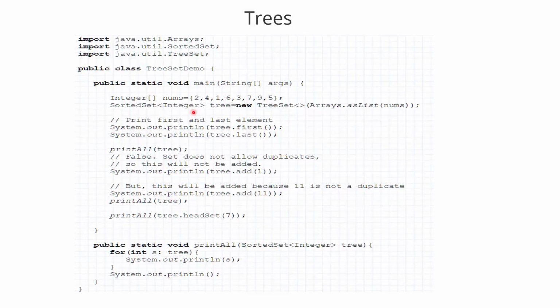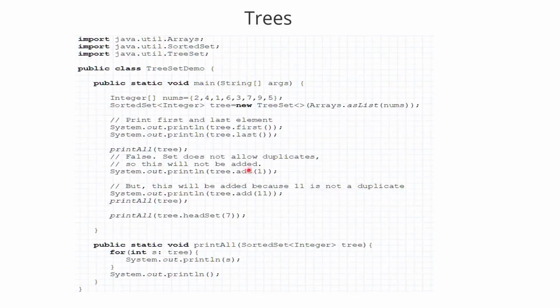And again, here is a Java class, which is a good example of how to work with trees. Here we're importing the java.util libraries for Arrays, SortedSet, and TreeSet. The class is called TreeSetDemo, and here is our main method. Here we're declaring an integer array called nums, and we're adding in our values, and then we're instantiating TreeSet. We're calling it tree, and we are passing in our array called nums. You can see it here, and then we are just calling some output on tree. We're calling the first method and the last method on tree.